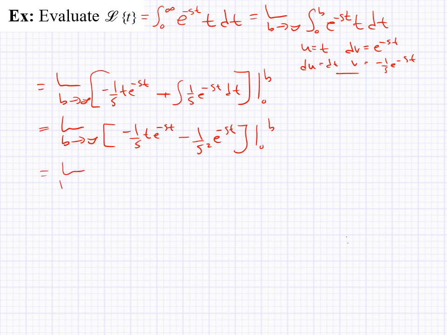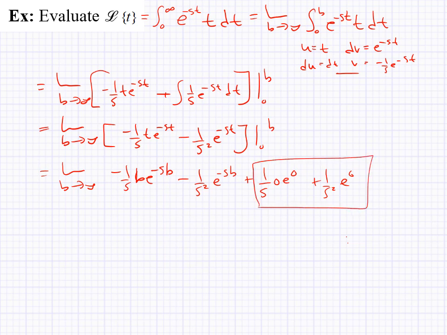And you see we're going to get the limit as b goes to infinity of negative 1 over s b e to the negative sb minus 1 over s squared e to the negative sb plus 1 over s times 0 times e to the 0 plus 1 over s squared e to the 0. Well, none of these have b's in them, so they're just going to be constants. This is the part that has b in it, so as b goes to infinity, what's going to happen?